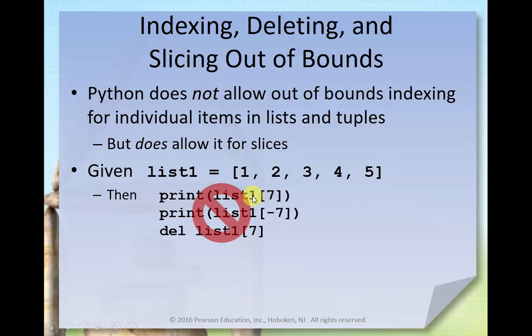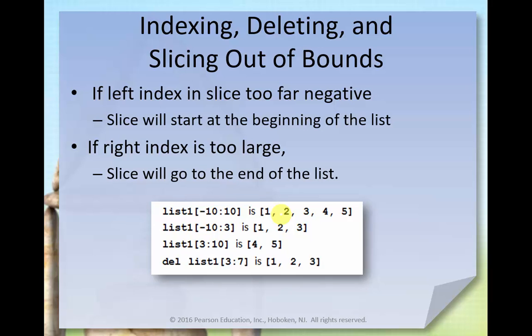If you try to print an element that's outside of bounds, you can't. Same thing with trying to delete one or using some range that doesn't make sense. The odd thing that does work is that you can slice something that begins out of bounds as long as it ends somewhere in bounds.